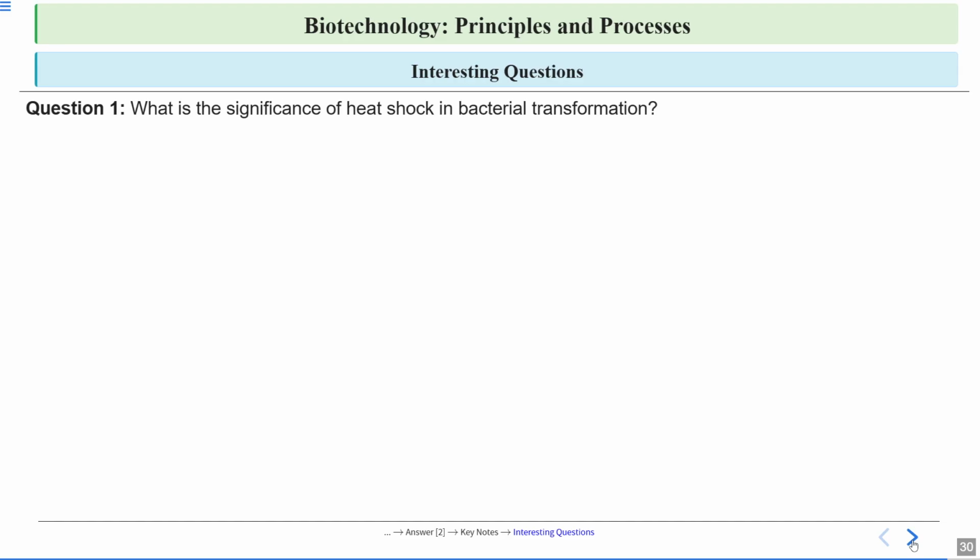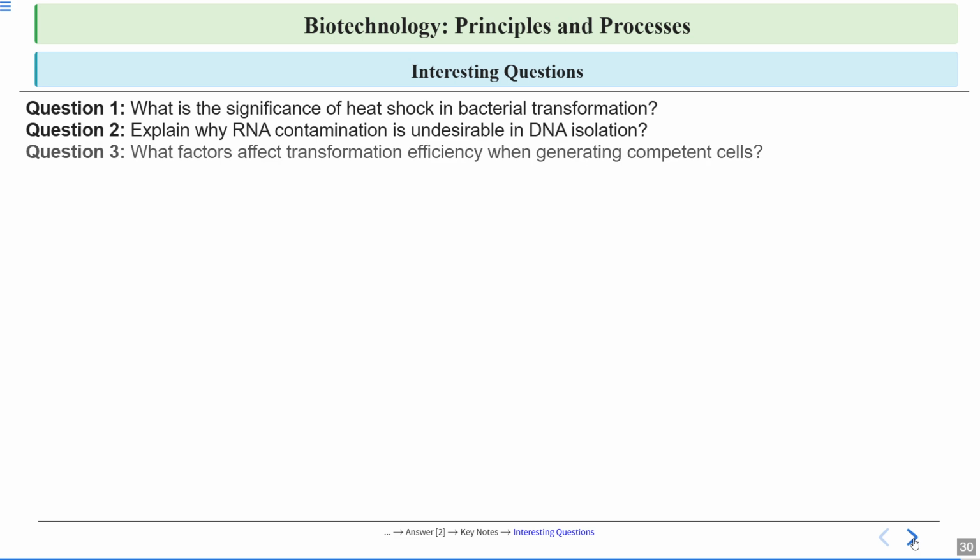Here are some interesting questions that you will solve yourself. What is the significance of heat shock in bacterial transformation that we talked about in today's class? Explain why RNA contamination is undesirable in DNA isolation. That also you have to find out. We have given some hints in these slides also. What factors affect transformation efficiency when generating competent cells?